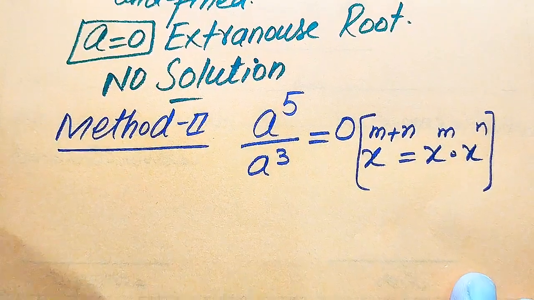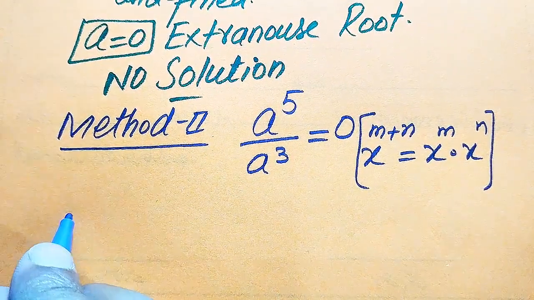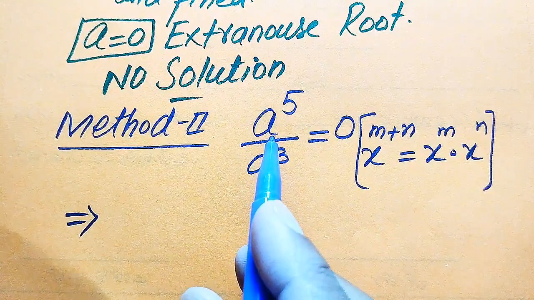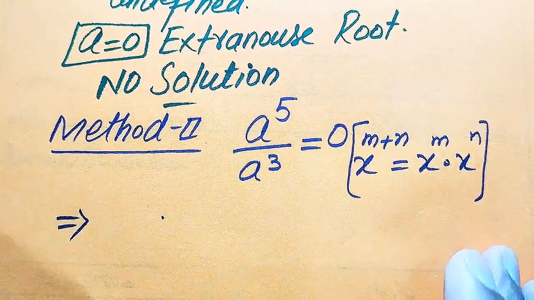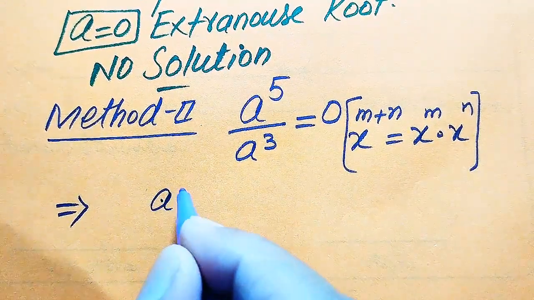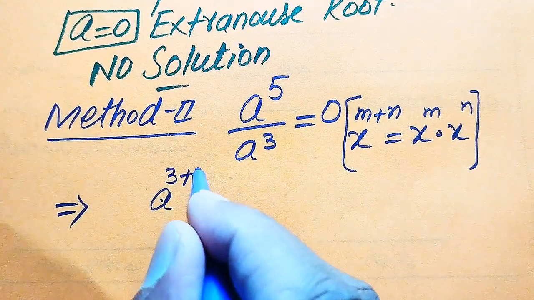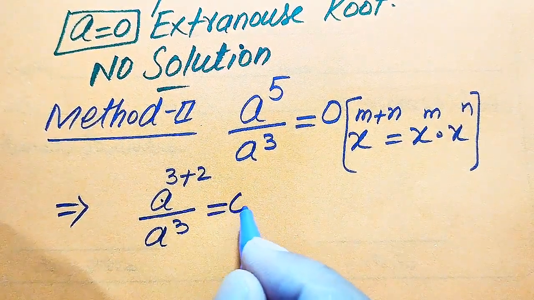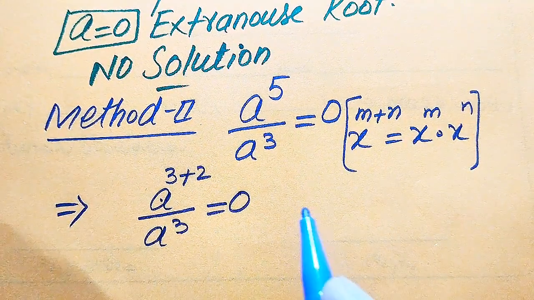So according to this rule of exponents, we write this equation as a to the power of 5, and we write 5 in this form: a to the power of 3 plus 2 divided by a cubed, and this whole equation is equal to 0.